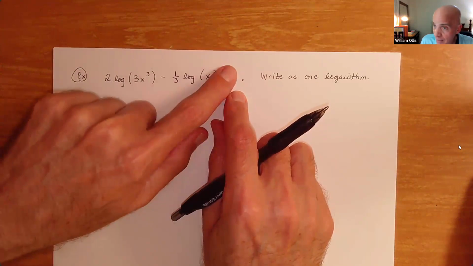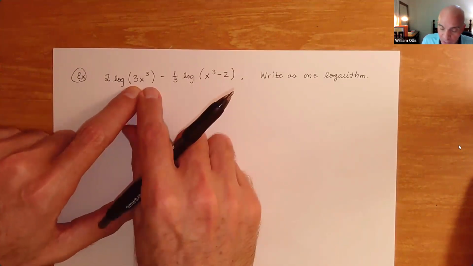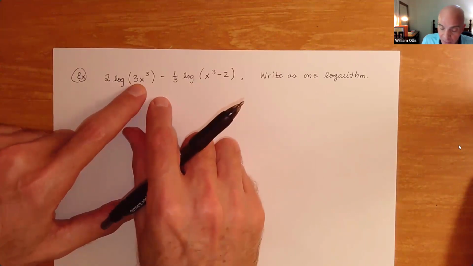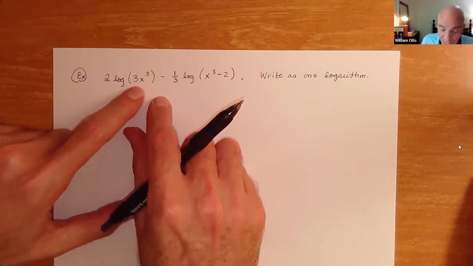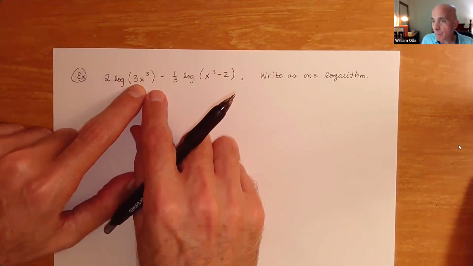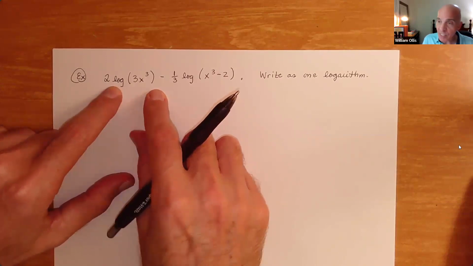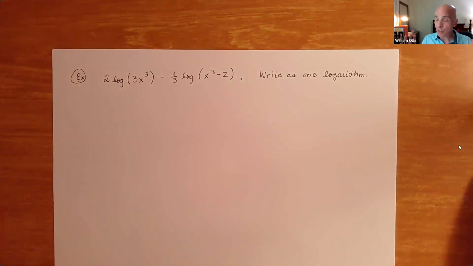And we can apply, again, the power rule. Now here we have something a little different. It's still an expression. We have 3 times x cubed. So we can still apply the power rule to this expression. This is what I was talking about before. The argument can take on many different forms. As long as the basic pattern of the identity is present, you can use it.